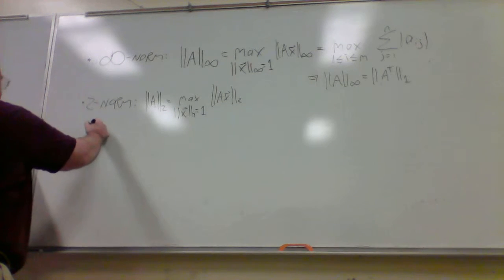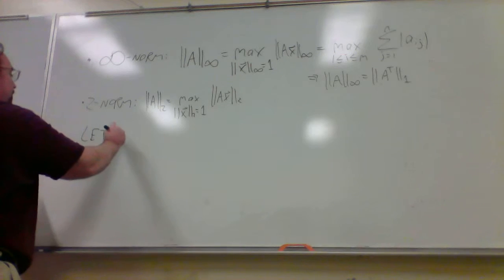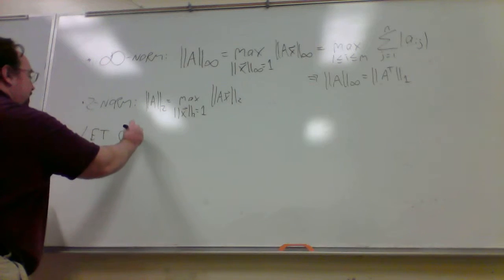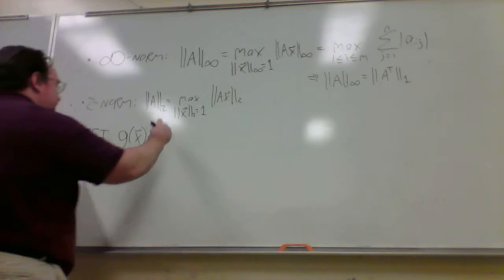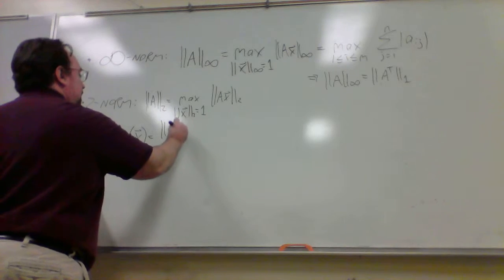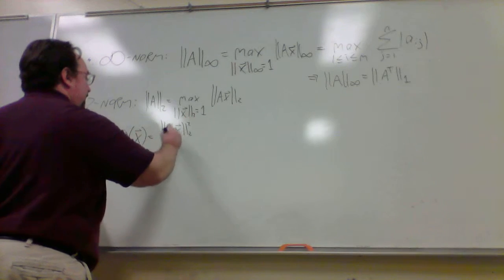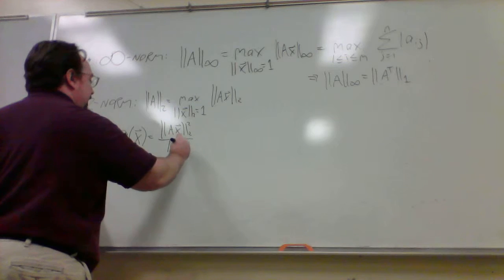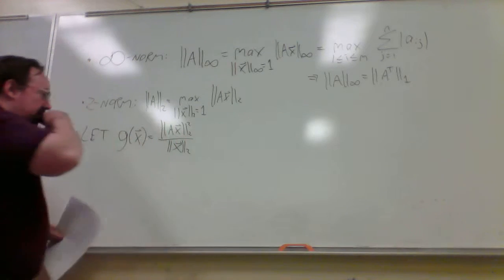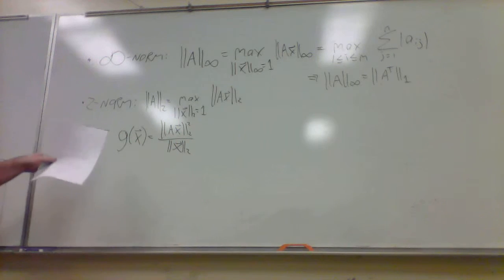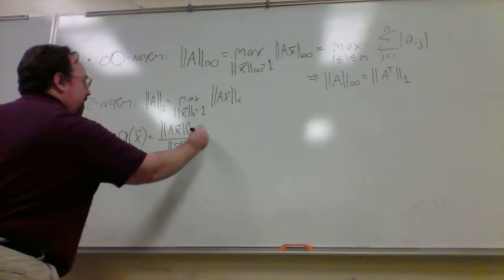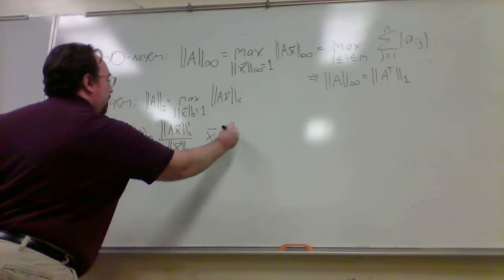Now, in order to get an expression for this, I'm actually going to appeal to calculus. So I'm going to define a function g of x to be the 2 norm of Ax squared over the norm of x squared. I'm defining this function on all of Rn.